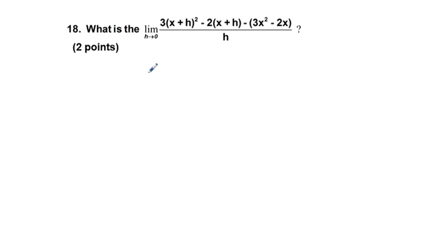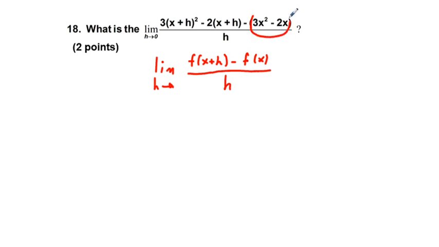Next problem, 18, what is the limit as h approaches 0 of 3 times (x plus h) squared minus 2 times (x plus h) minus (3x squared minus 2x) over h? And so according to the form of the definition of derivative, which is the limit as h approaches 0 of f of x plus h minus f of x over h, according to this format, f of x is going to be this thing right here.